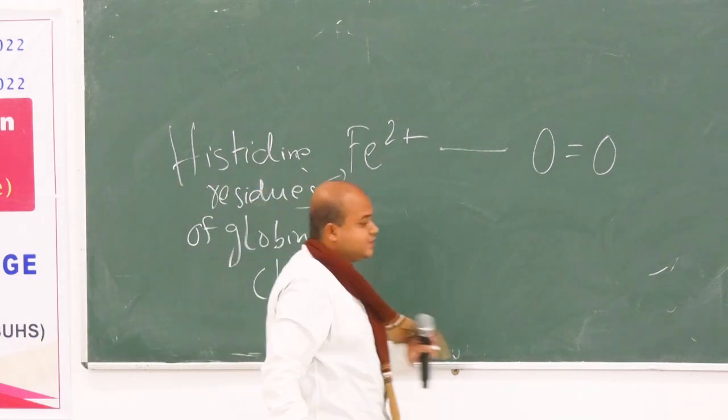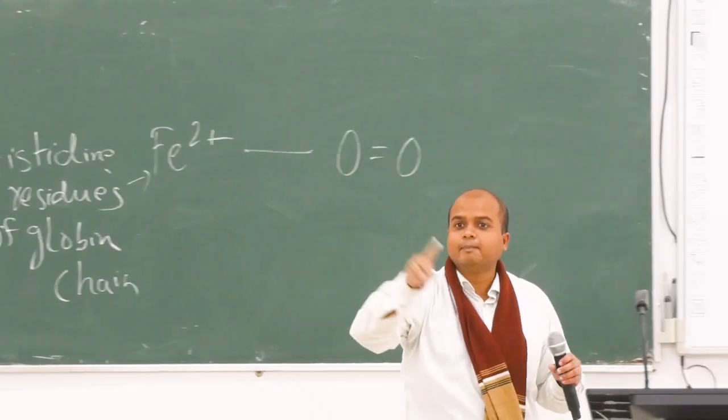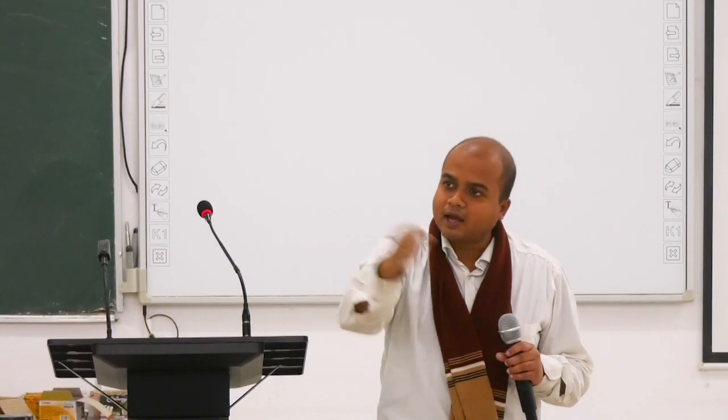What are these histidine residues doing? These ferrous oxygen bonds, they are making it stable so that ferrous is not oxidized to ferric. So whenever oxygen is delivered to the tissues, the iron remains in the ferrous form, so it can again carry more oxygen, and it also helps in carrying carbon dioxide back and forth, but the main purpose of hemoglobin is to carry oxygen to the tissues.